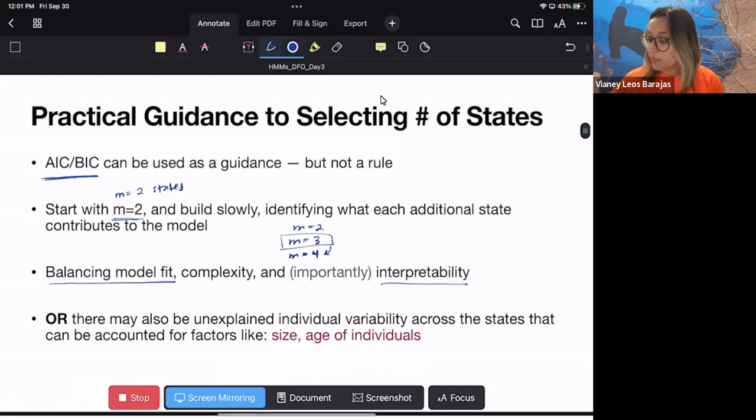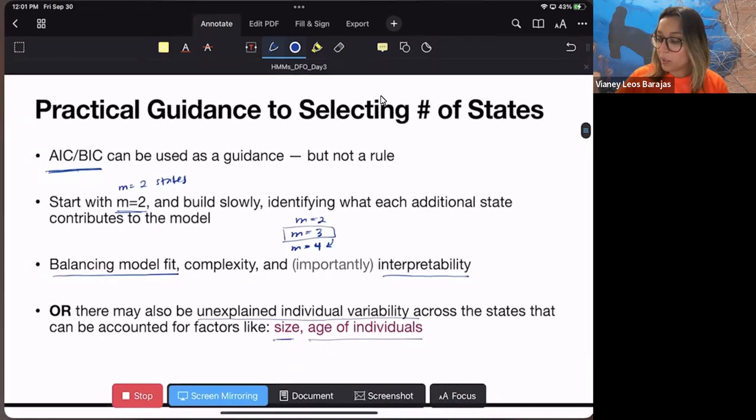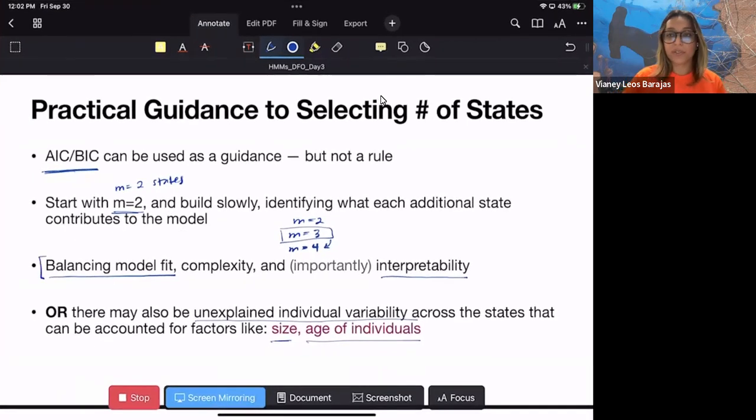But of course, if we do end up favoring a hidden Markov model that has way too many states and we have different individuals, it can also be due to simply unexplained individual variability across the states that can be accounted for with factors like size and age of the individuals. For example, different individuals of different sizes might simply move differently. But in general, we want to balance model fit when choosing the number of states, the complexity of the model, and how that connects to interpretability.